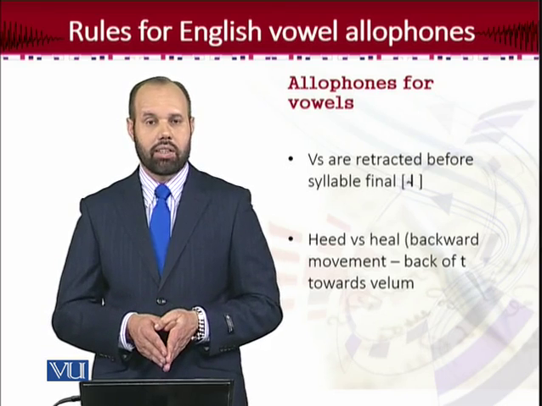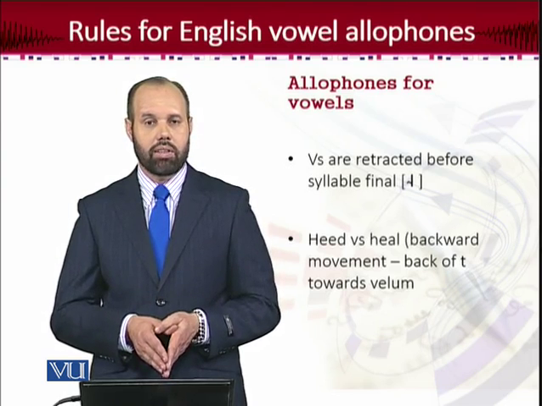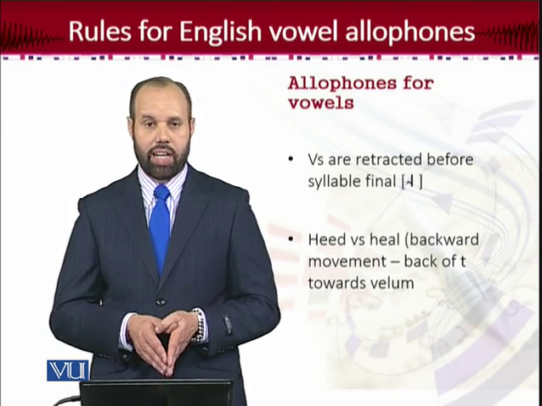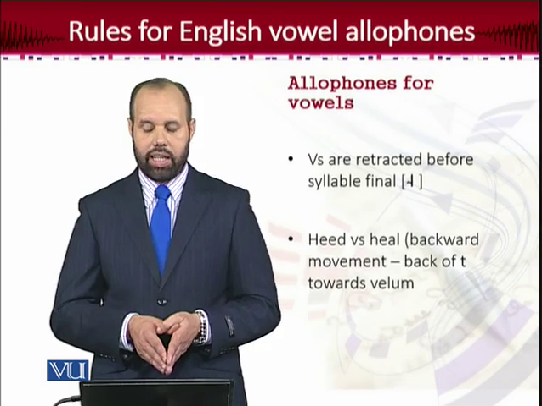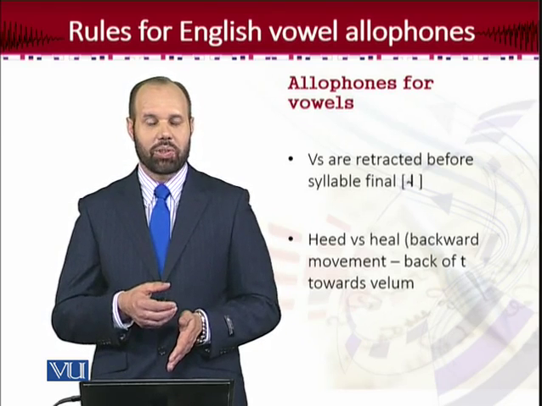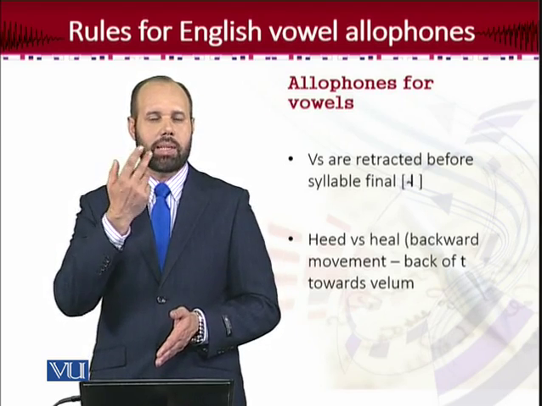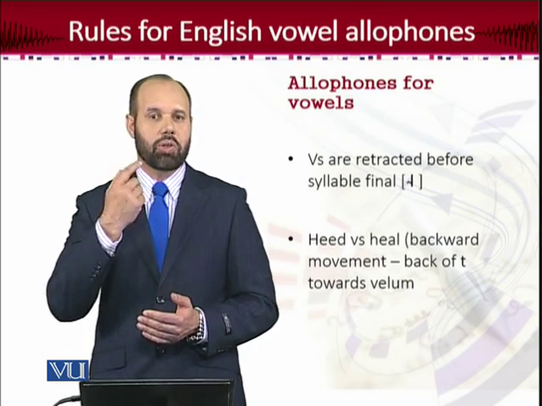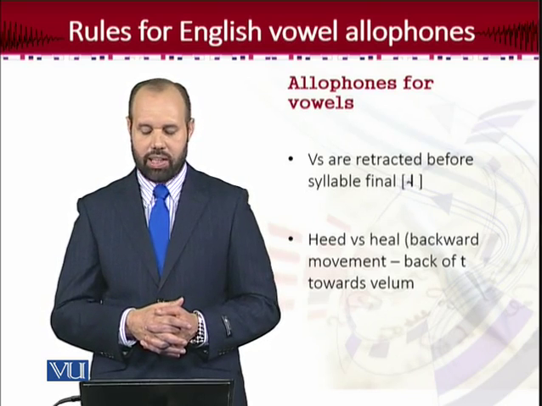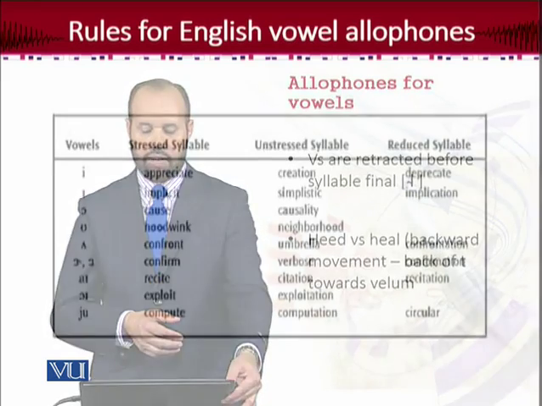Compare the E sound in heed, which is in a more neutral, natural form, with heal, where there is a backward movement of your tongue. A little bit of the back of your tongue is raised towards the velum. That is the backward movement, and this is called retraction.